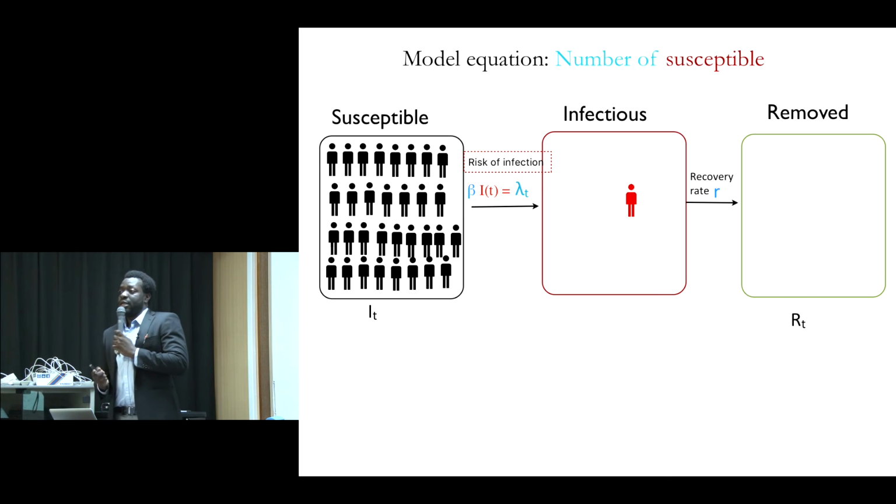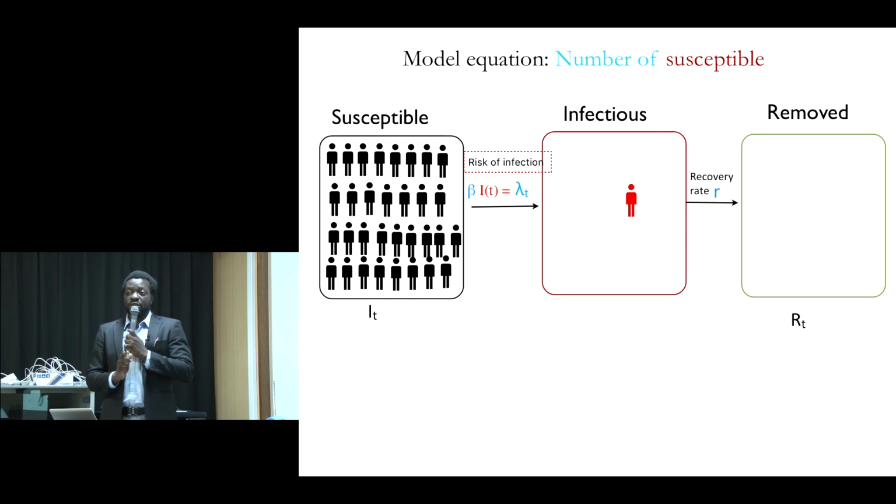Simply, in this classroom here, if no one has influenza, the risk of infection here is 0 because no one in this classroom has influenza. So the risk of infection depends on how many people have the infection in a population.